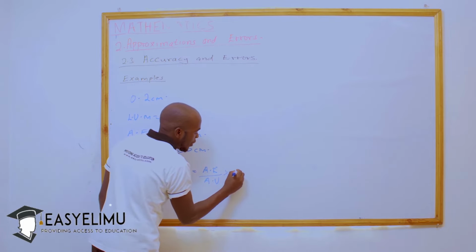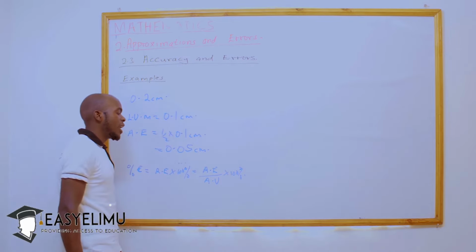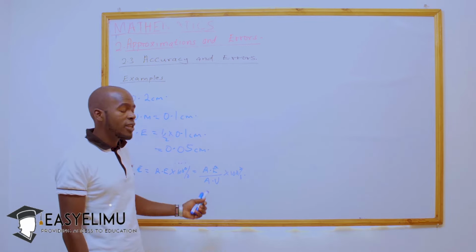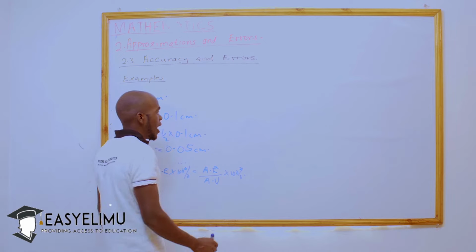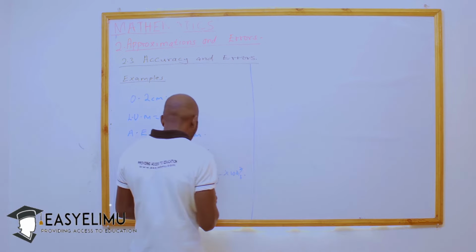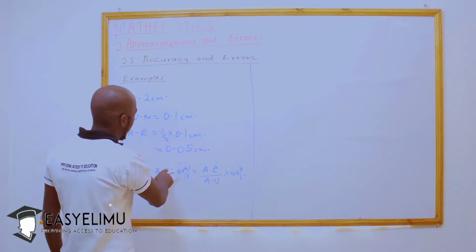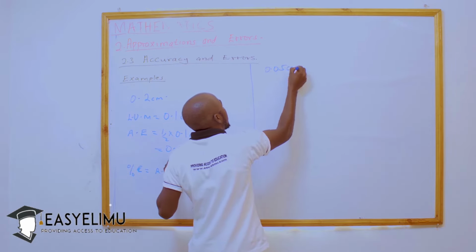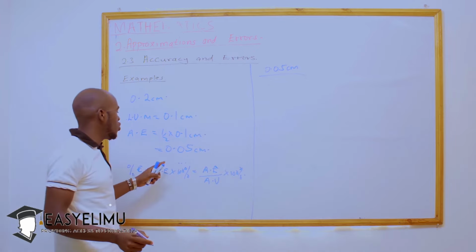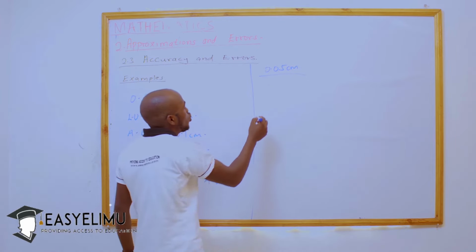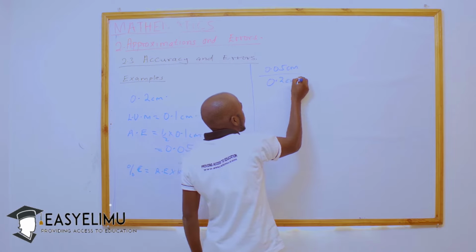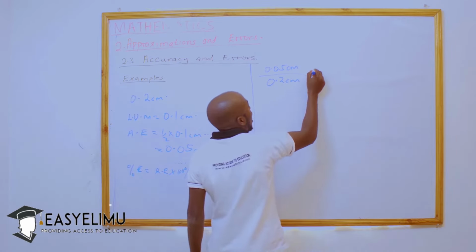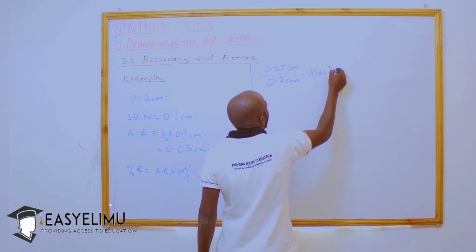In case of calculation of the percentage error, remember, we did say that you can find it by taking the relative error multiplied by 100%, or you just take the absolute error over the actual value multiplied by 100%. But don't forget that the absolute error over the actual value is equal to the relative error. Here the absolute error is 0.05 centimeters divided by the actual value, which is now 0.2, and we multiply it by 100%.